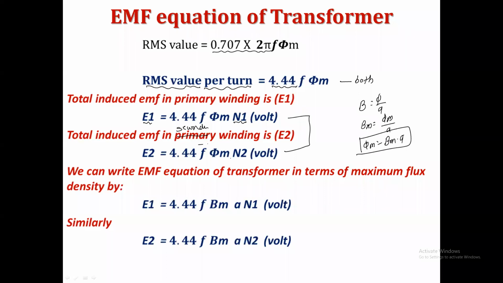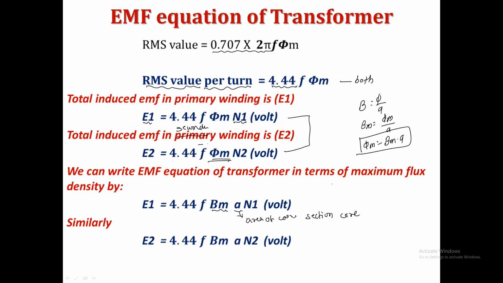So when I want to write the equation of induced EMF in terms of maximum flux density, I just replace this phi m with Bm into A, where A is the area of cross section of the core material, because within it the magnetic flux flows.